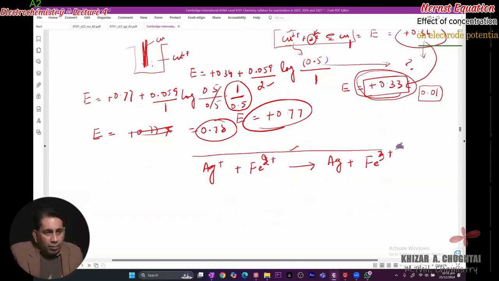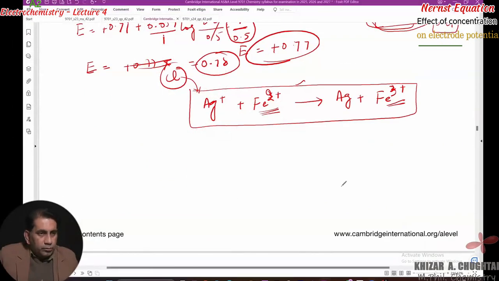Now, if I'm adding Cl negative ion into this beaker, so in this reaction, silver 1 positive ion and Fe2 positive ion, and again you will draw a reversible arrow over here to go to Ag and Fe3 positive ion. Now let's see, if I'm going to add Cl negative ion, or add NaCl solution into this beaker.